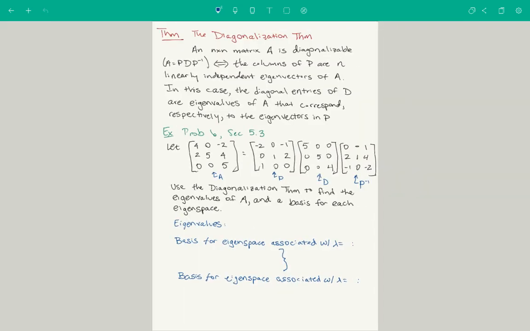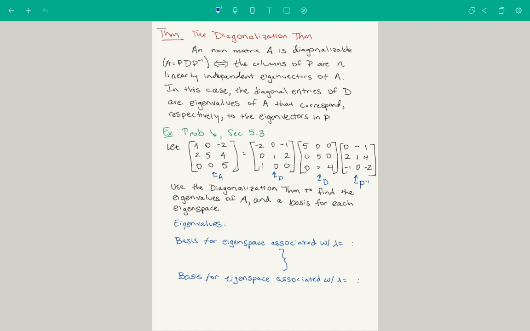Okay. Let's go back to what we were originally hoping to talk about, which was eigenvalues. So this theorem is going to be our very powerful theorem for this section, the diagonalization theorem. A matrix A is diagonalizable, so we can factor it into those pieces, if and only if the columns of P are n linearly independent eigenvectors of A. Now, they have to be linearly independent or P won't be invertible.